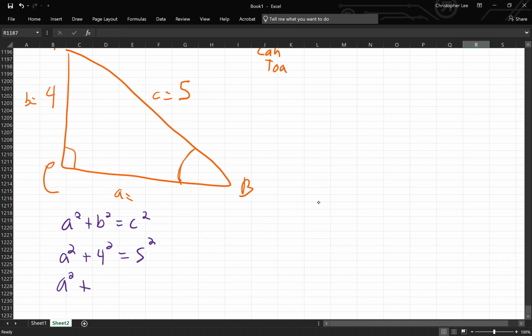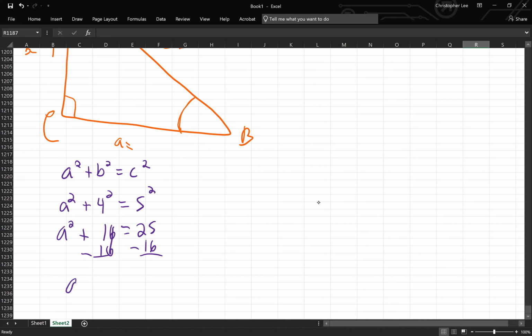A squared plus 16 is equal to 25. Subtract 16 from both sides. This is going to be A squared is equal to 9. Then I want to square root both sides. So A is equal to 3. And there you go.